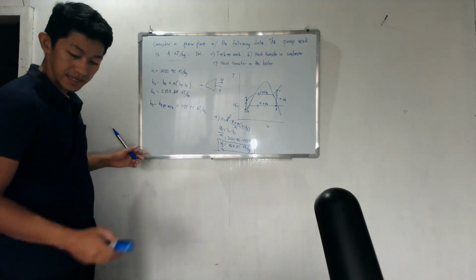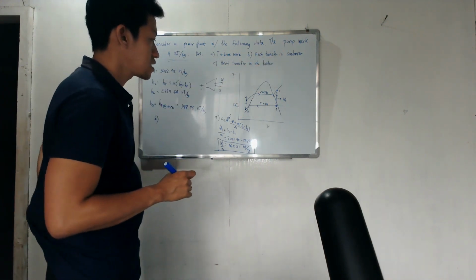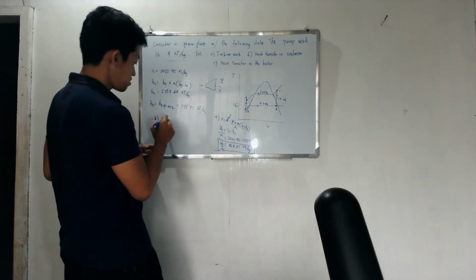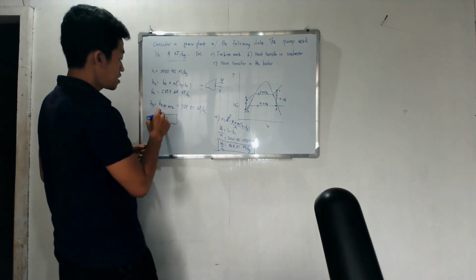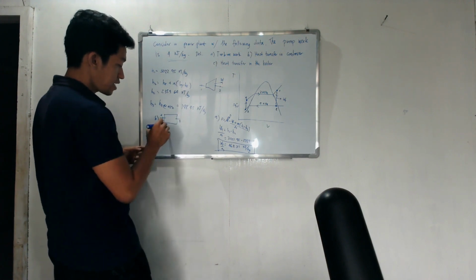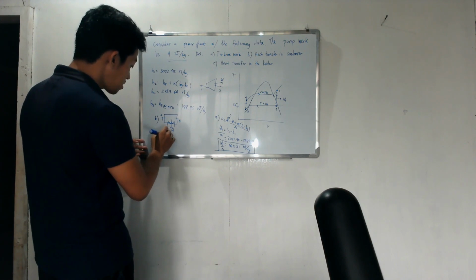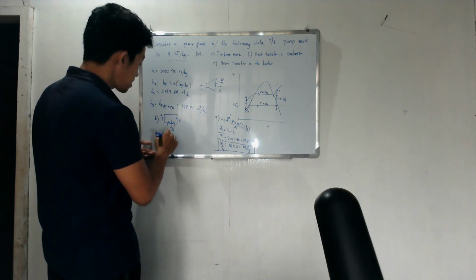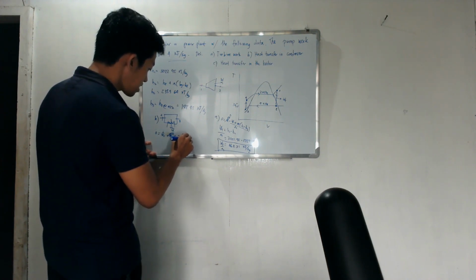And then for letter B, heat transfer in the condenser. So ang heat transfer sa condenser is kani, from 2 to 3. Okay, so sa condenser nimo nagpagawas ka og Q. So therefore, for steady state operation, 0 is equal to QC minus work. Wala may work. 0 plus M H2 minus H3.